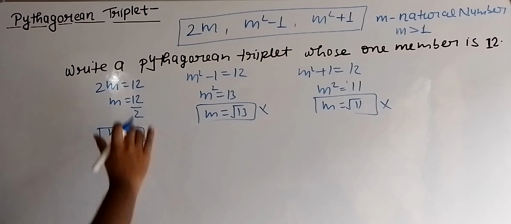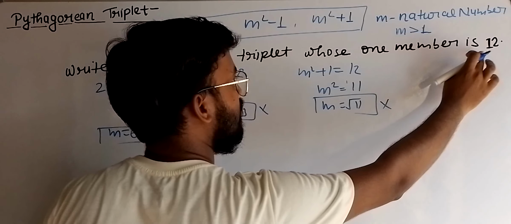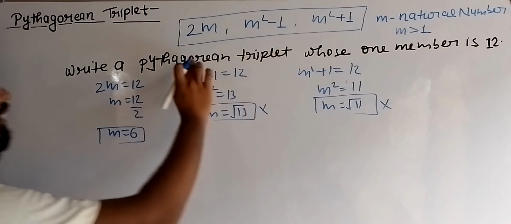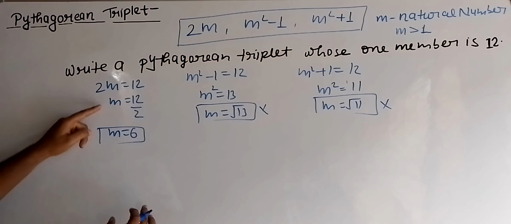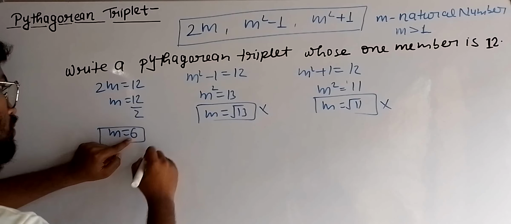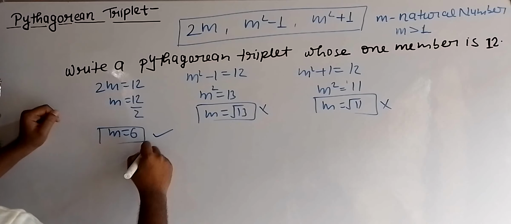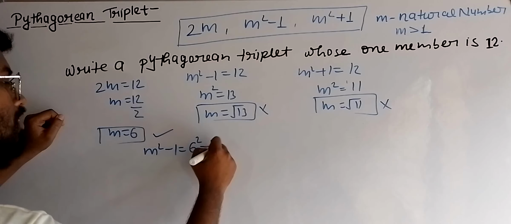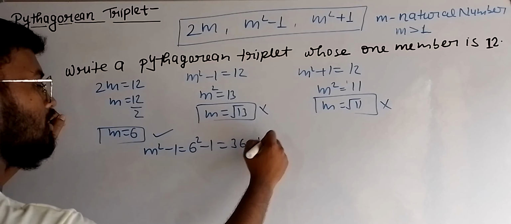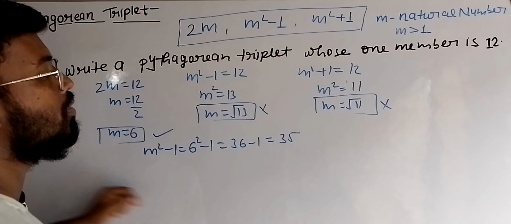So for 12 to be a member of a Pythagorean triplet, 12 must be equal to 2m. From here we are getting m equal to 6, so take m square minus 1. From here we are getting 6 square minus 1, it will be 36 minus 1, so it will be equal to 35.